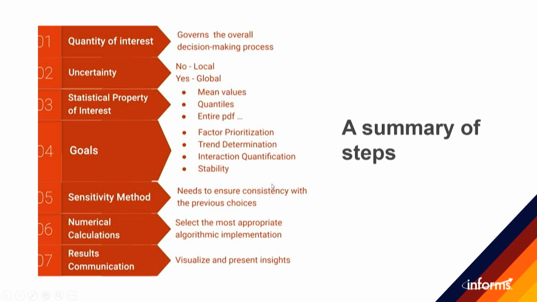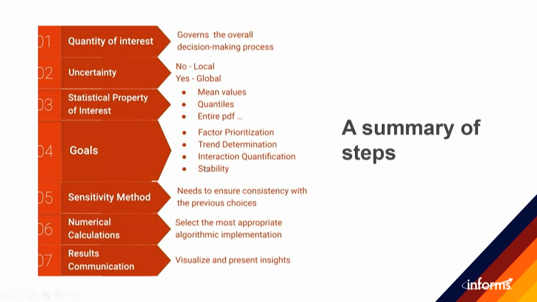And then if you are in a global sensitivity, what is the statistical property of the quantity of interest that you are considering? The entire distribution, some quantile, its expected value, because depending on that, you may consider a different global sensitivity measure. Then once you have defined the main settings of the problem, you can define the goal.